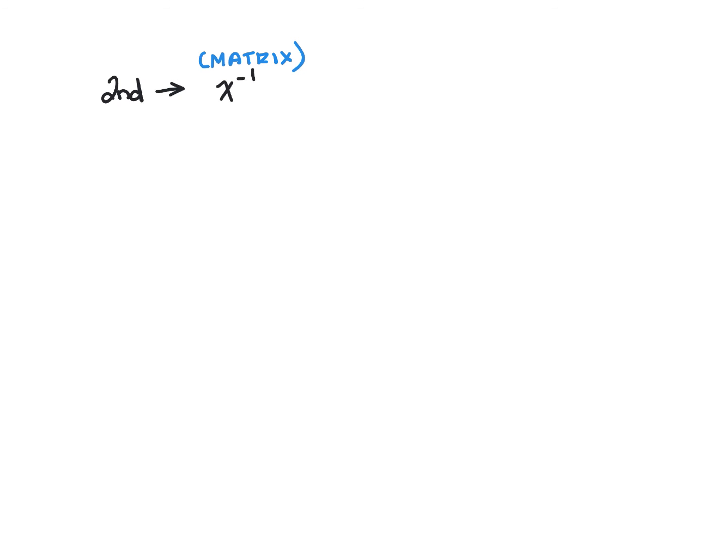So you're going to get into the matrix menu, and you're going to tab over to where it says edit. And you have a list of matrices. We are going to edit matrix A, so just hit enter on matrix A.